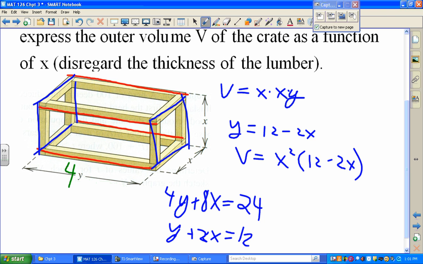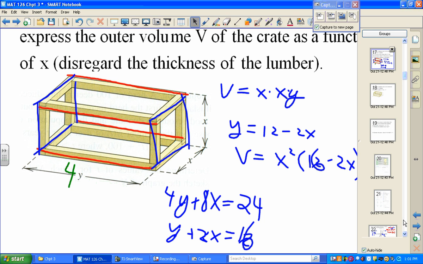Don't they just want the equation? Oh, I divided by 4. I see. 6 and 6. All right. I think it's the last one, isn't it? Yeah, it's close enough for me.